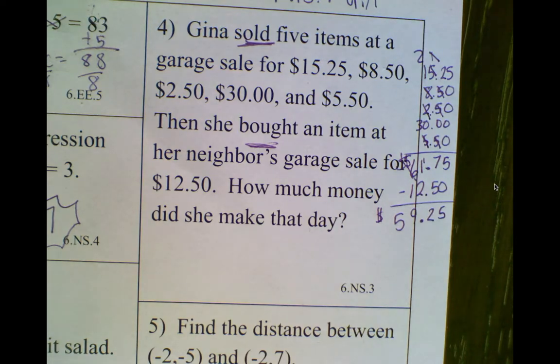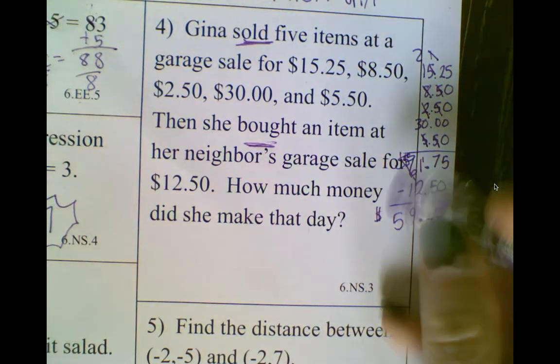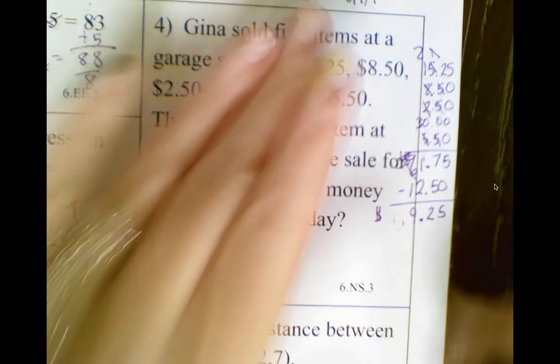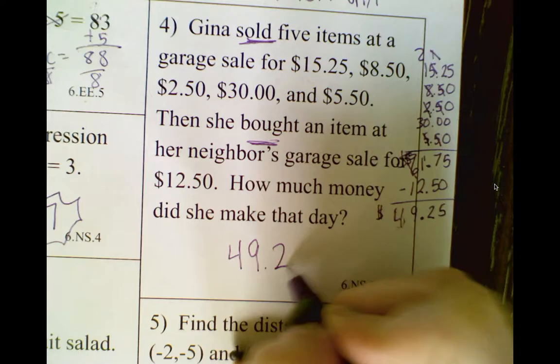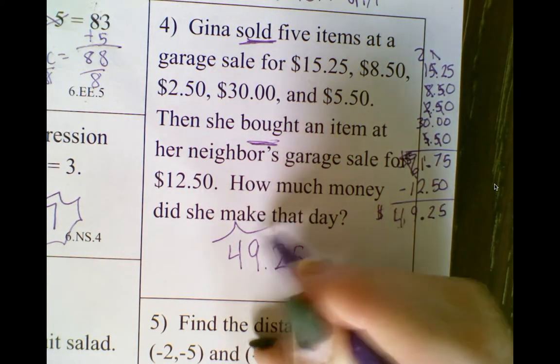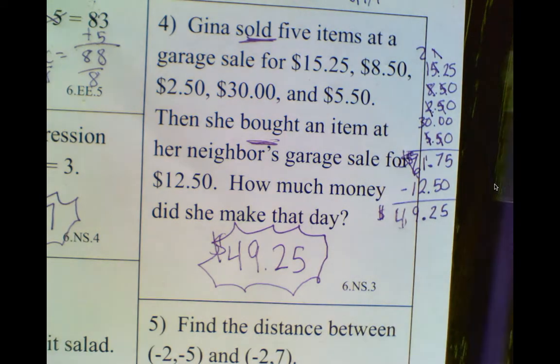I'll be back in a second. 61.75. Oh, this was 5 and then 5 minus 4 is... Okay. Sorry, you guys are probably like, really? I forgot since I borrowed, I needed to take one away from my next door neighbor. So 49.25 is going to be your answer for that one.